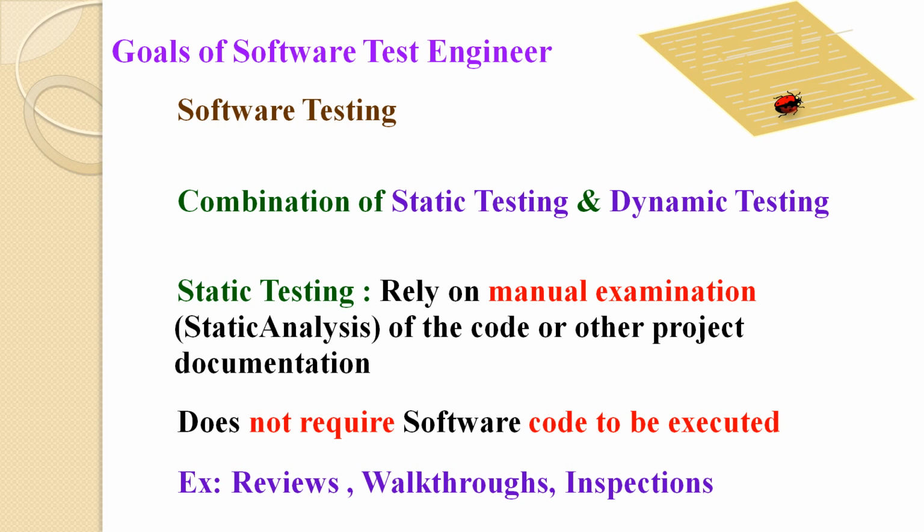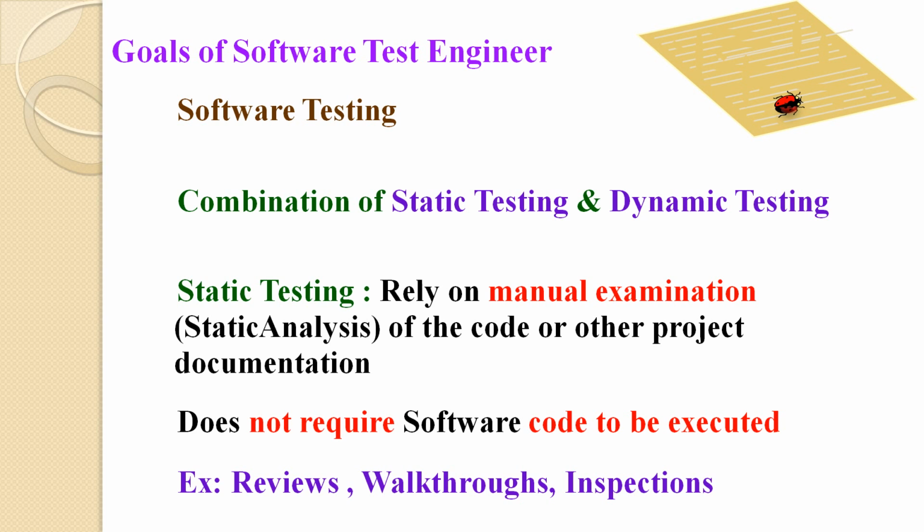In both static testing and dynamic testing, the software testing team will first complete static testing. After successful completion of static testing only, they will go for dynamic testing. And what do you mean by static testing? Static testing is nothing but manual examination. So the software testing team will do manual examination on the project documentation.